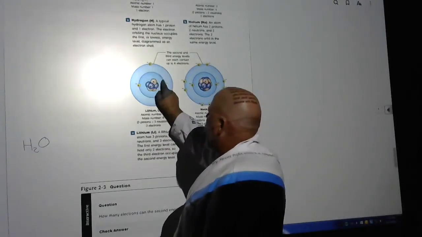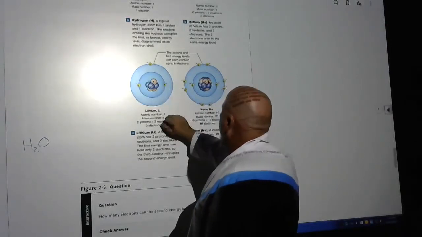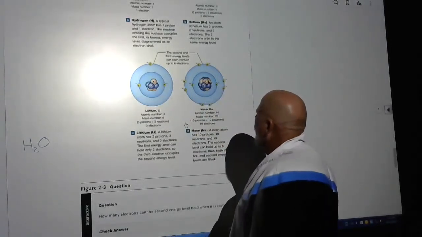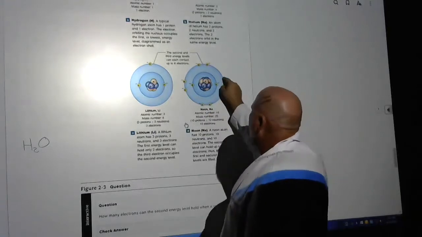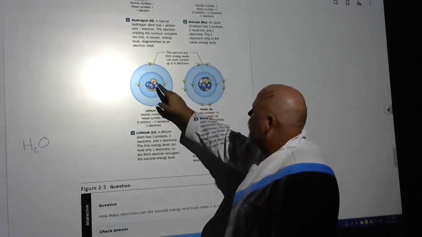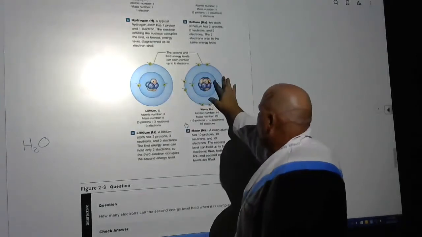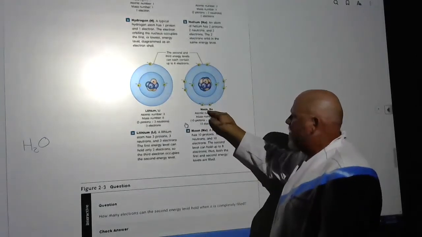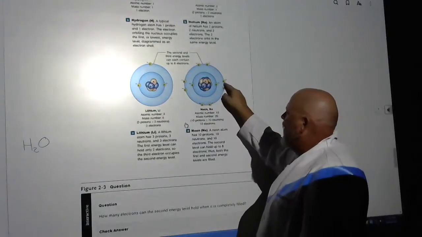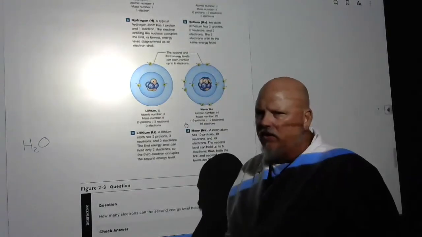The first shell can only have 2 electrons, and the second shell can have 8. So lithium only has 1 there. Neon, remember, is a noble gas, all the way to the right. It's completely filled in the second shell. That's a clue to the periodic table.